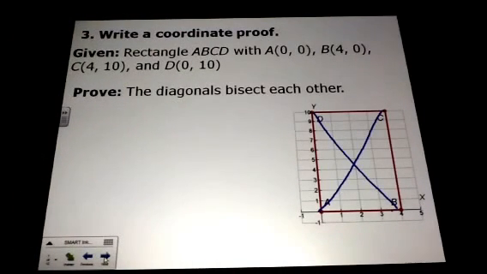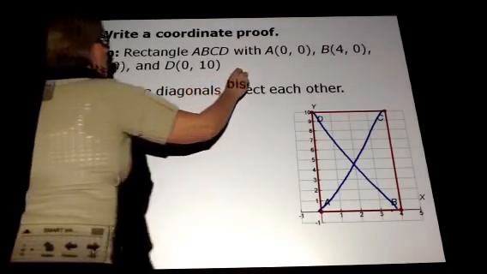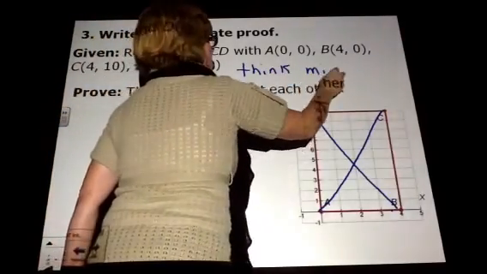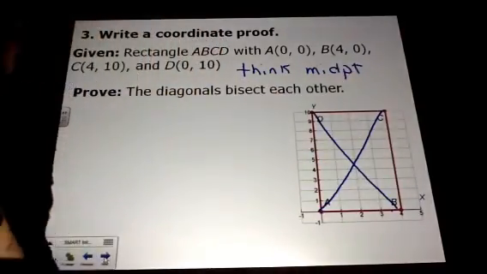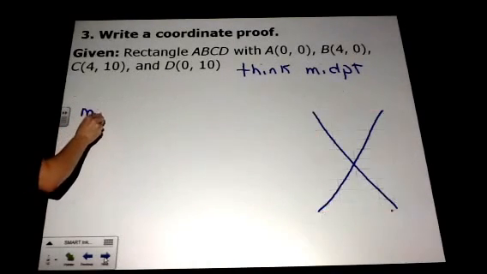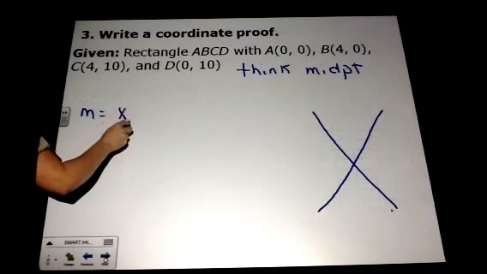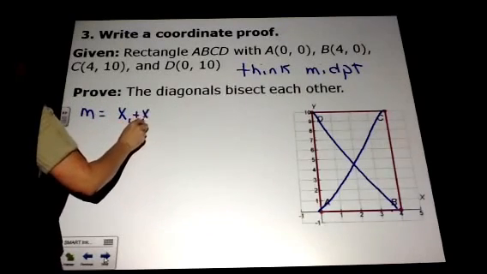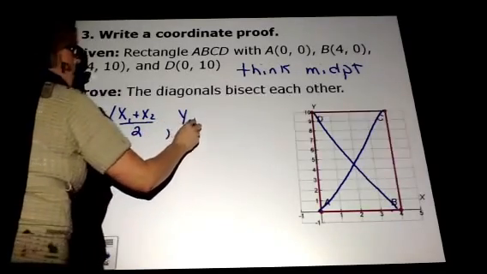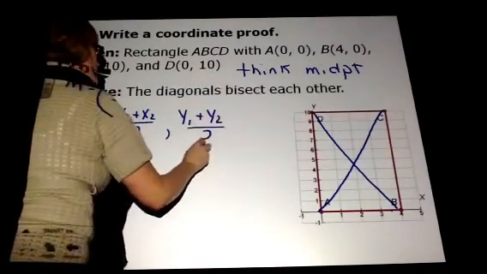Okay, well if they bisect each other, they intersect where? At the midpoint. So we want to think midpoint formula. X sub 1 plus X sub 2 divided by 2, Y sub 1 plus Y sub 2 divided by 2.